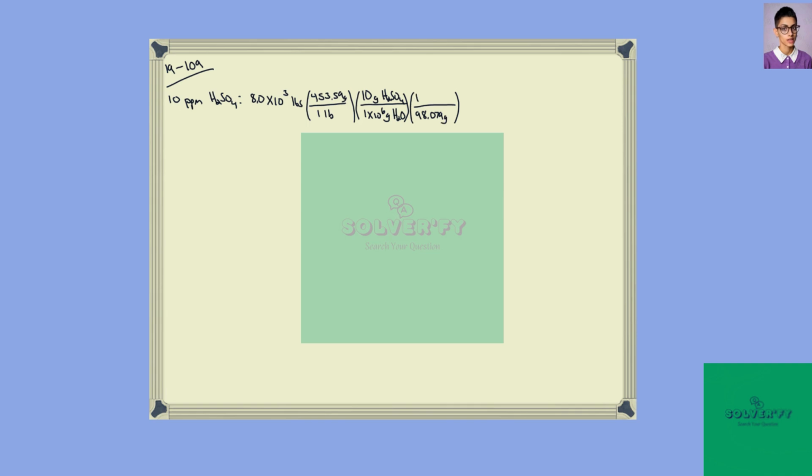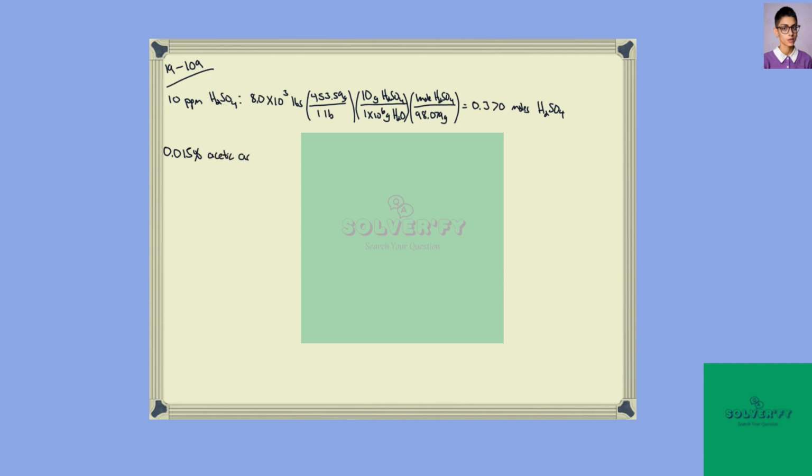Then we can convert the grams of sulfuric acid into moles of sulfuric acid. And this is where we will begin. We then have, in 1 hour, with 8,000 pounds of water passing by with a 10 ppm concentration of sulfuric acid, 0.370 moles of sulfuric acid.